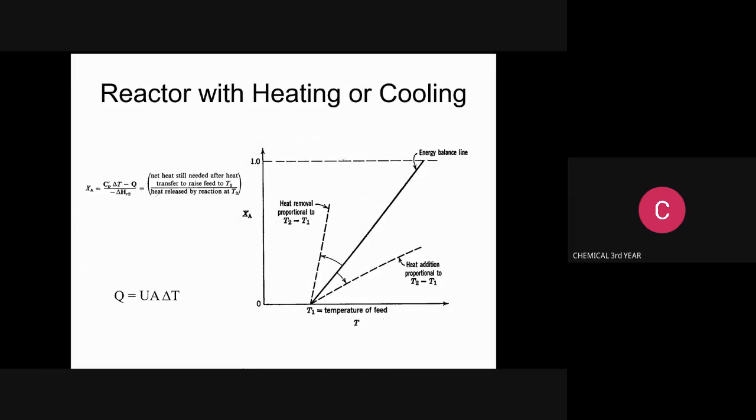The next one is if the reactor feed is highly non-reactable. At that time we have to use heating or cooling terms to convert the non-reactable feed into reactable.